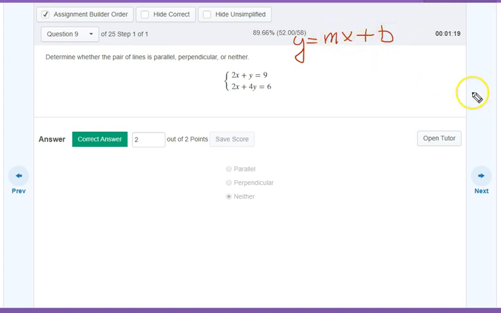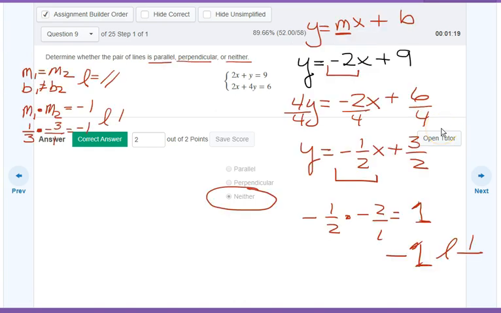And we had said once you solved each of these equations for y, and let me show you, that if your slopes were the same, but the y-intercepts were different, the lines would be parallel.